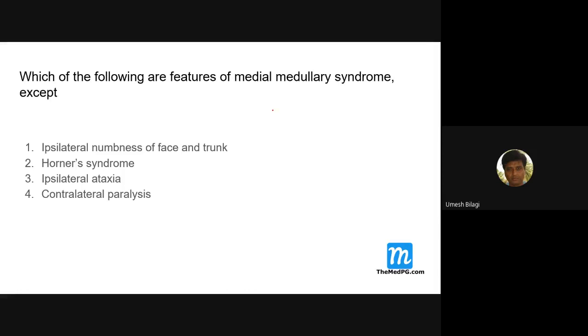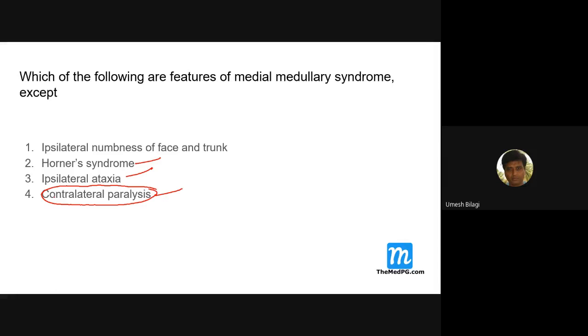Ipsilateral numbness of face and trunk, and Horner syndrome, ipsilateral ataxia, and contralateral paralysis. Which of them is not correct? Do you get contralateral hemiplegia in medial medullary syndrome?